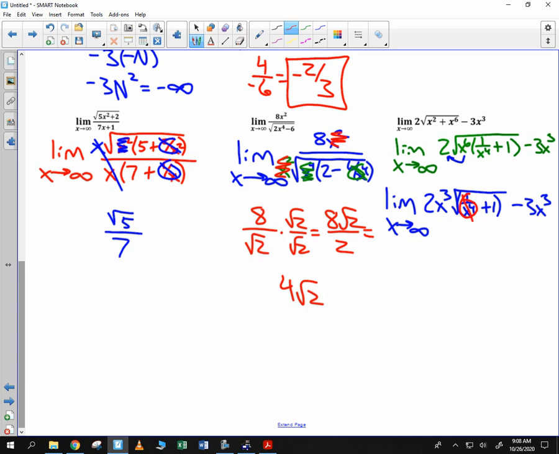So let this go to 0, it's gone. And so you get 2x cubed minus 3x cubed, that'll be negative x cubed. And as you look at x goes to infinity of negative x cubed, that's going to be a negative infinity.